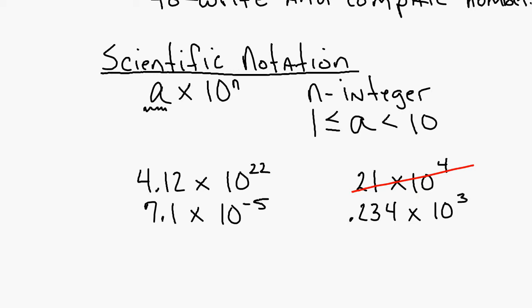That's not in scientific notation. The first number is too small. It's got to be between 1 and 10. First number's got to be greater than or equal to 1 and less than 10, and then it's times the number 10 to a power.